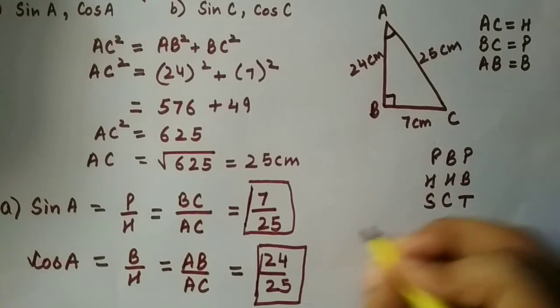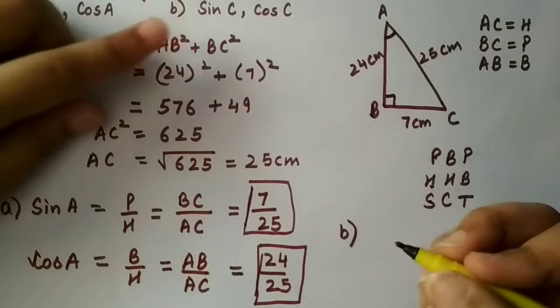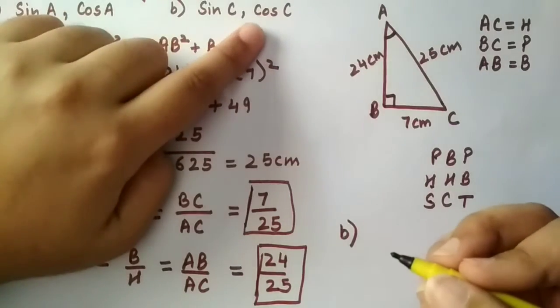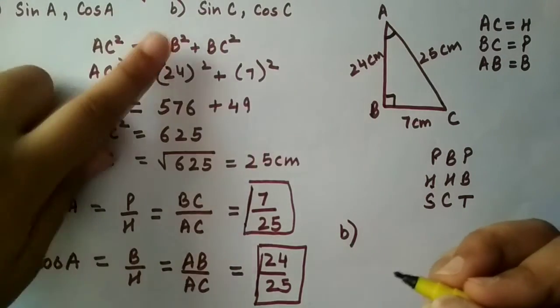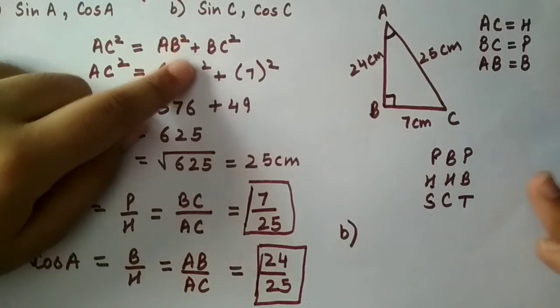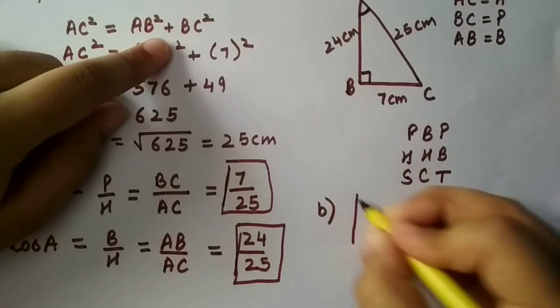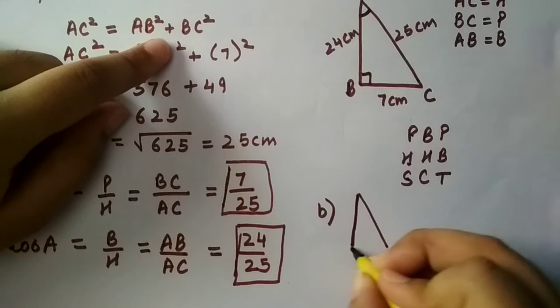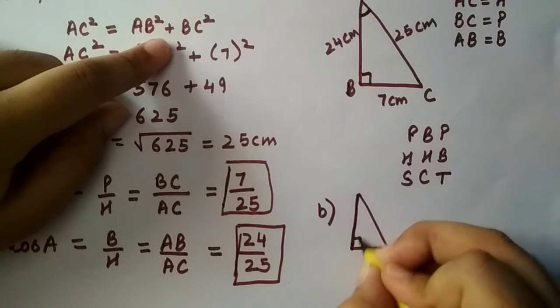Now in B part you need to find sin C and cos C. It means now theta is not A, theta is angle C. So make another triangle. Here also right angle is B only.